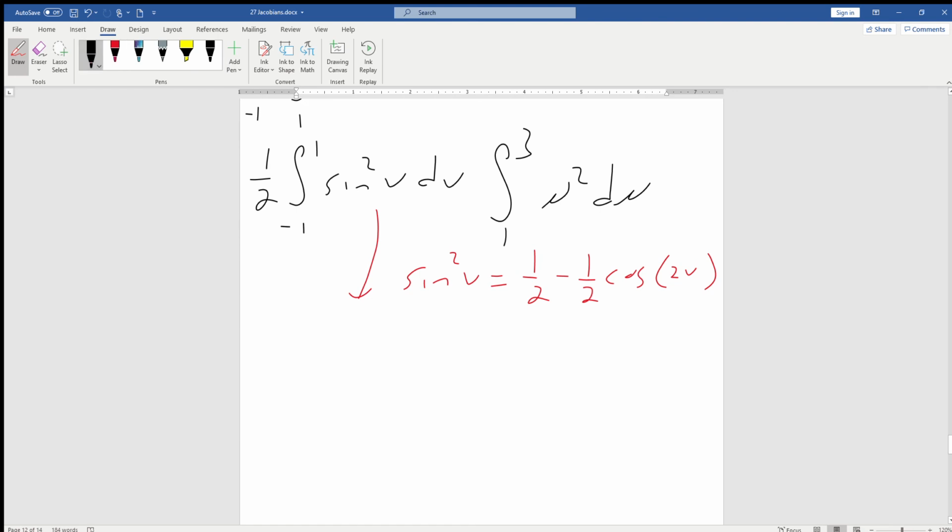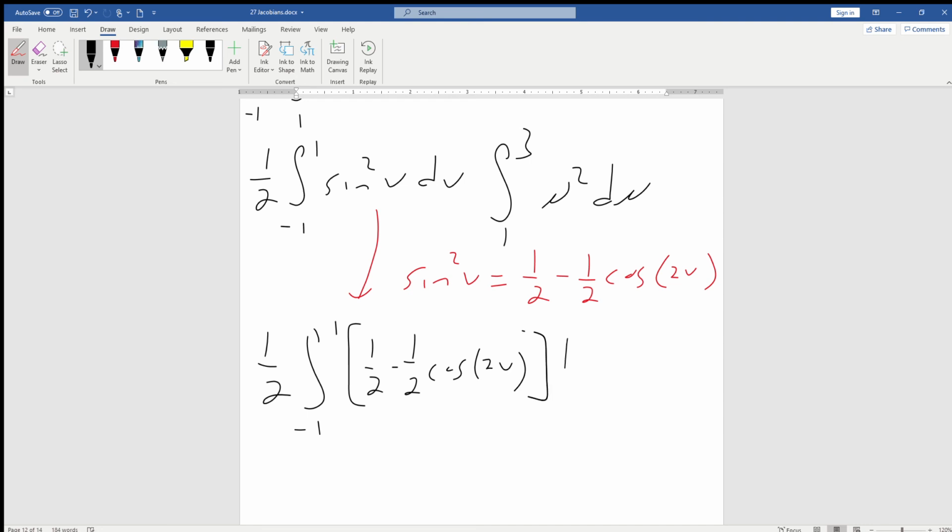So now we get 1/2 times the integral from negative 1 to 1 of the quantity 1/2 minus 1/2 cos of 2v dv, and we still have the integral from 1 to 3 of u squared du.